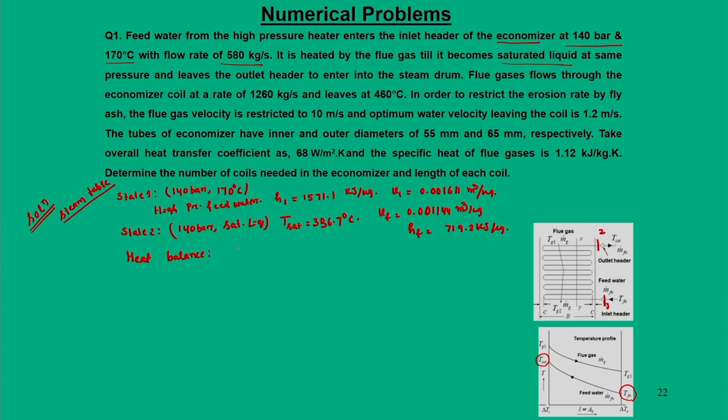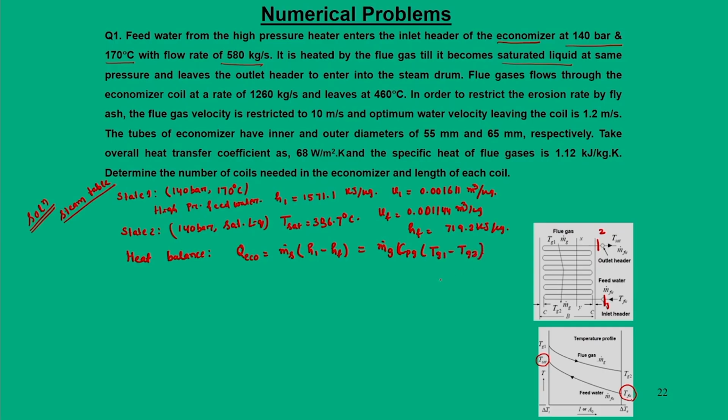That is, Q for the economizer is m dot s (H1 minus Hf), equal to m dot g Cpg (Tg1 minus Tg2).